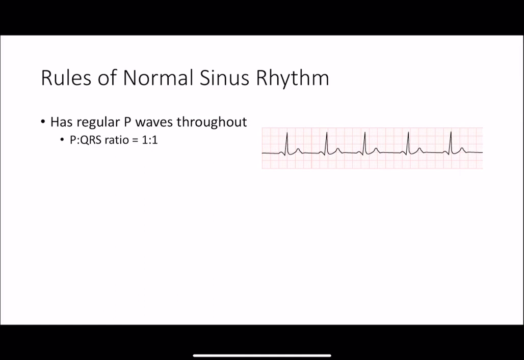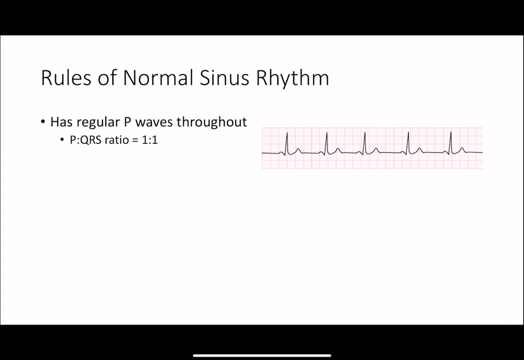Okay, so here are the rules for saying I have a patient in normal sinus rhythm. Normal sinus rhythm means that everything is running normally and that the heart is under the control of the sinoatrial node. That's where sinus rhythm comes from. All these rules have to be met or you are not in normal sinus rhythm.